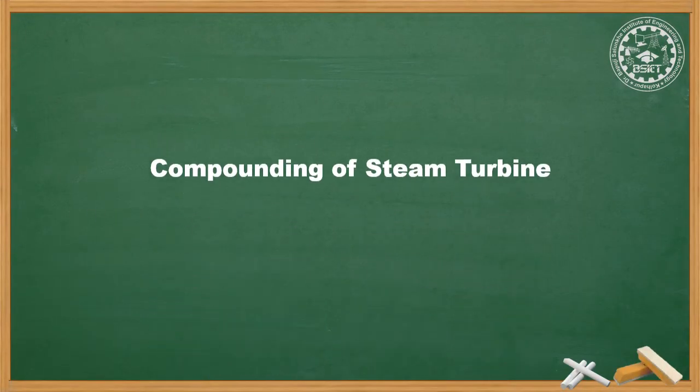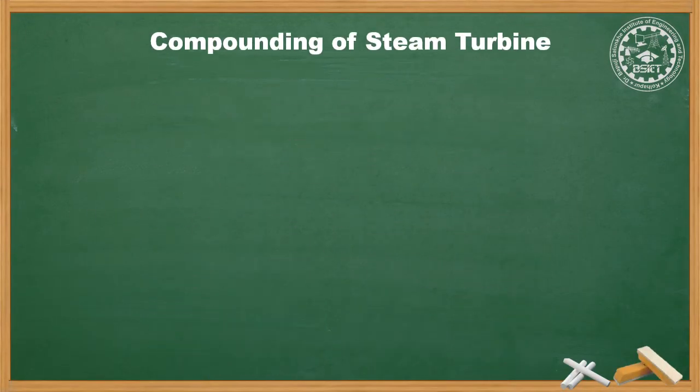Next point is compounding of a steam turbine, or methods of reducing the rotor speed. Generally, in a steam power plant, the steam is expanded from boiler pressure to condenser pressure. Its velocity is high. This results in high rotational speed of turbine, as speed is directly proportional to the steam velocity.